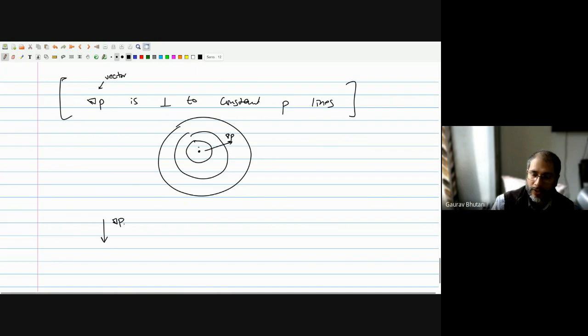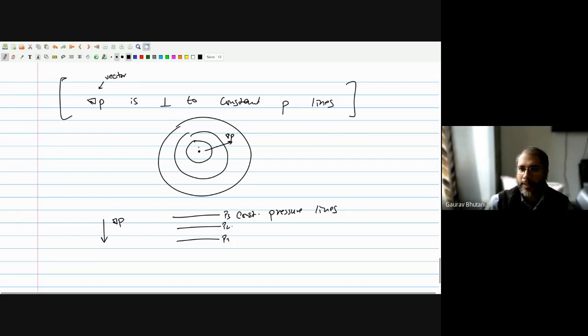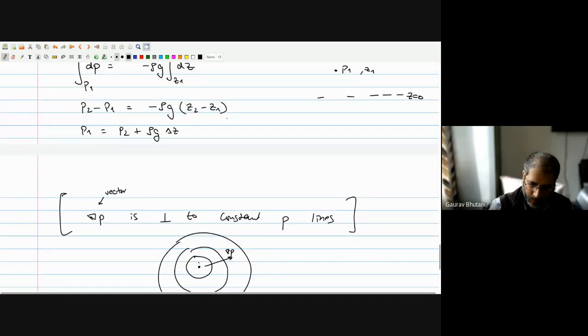So what that means is the constant pressure lines will be perpendicular to this vector. So these are the constant pressure lines. Now again, that is something that we just figured out from here. And as you go up, as your Z increases, then your pressure will reduce.